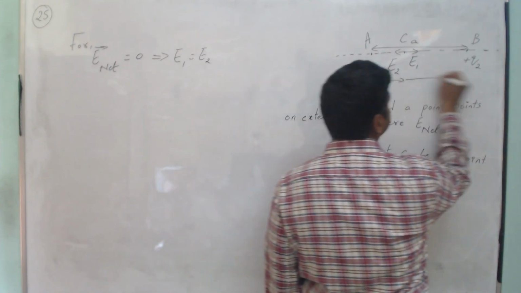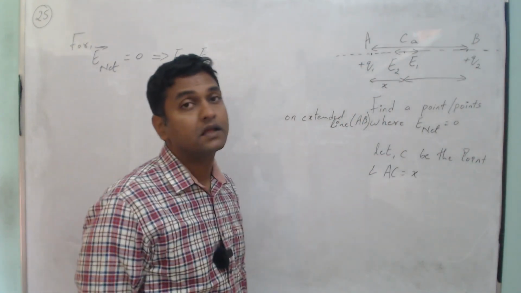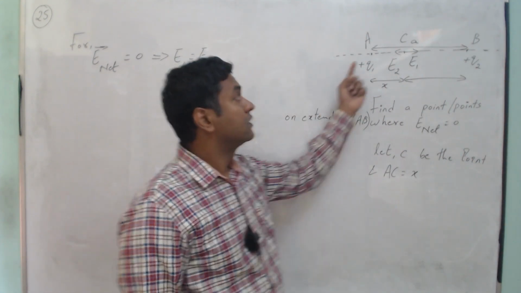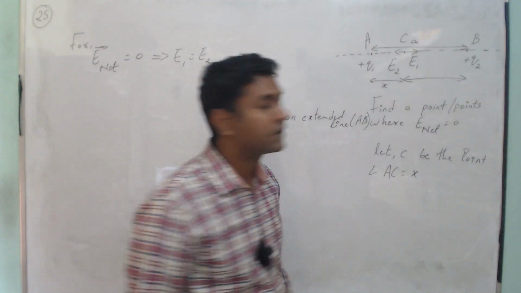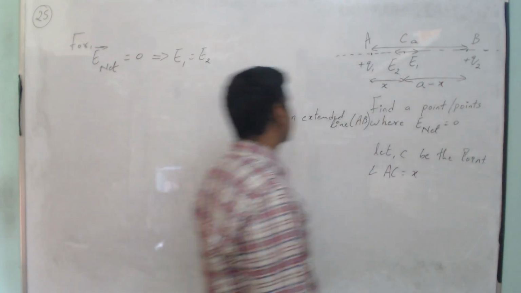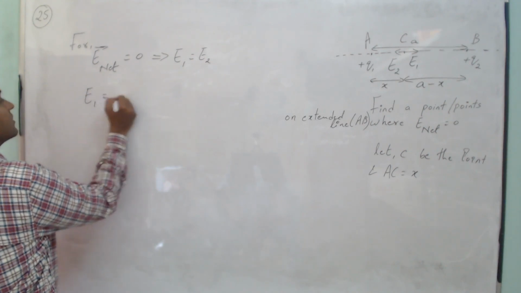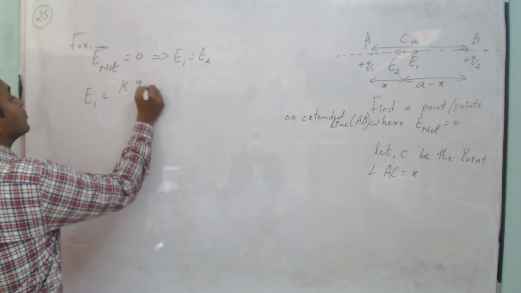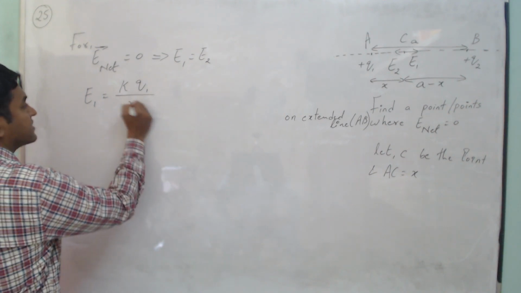So what will be the distance from C to B? AB is small a, so it is a minus X. Now tell me, what is the electric field due to Q1 at point C? It is K Q1 by X square.